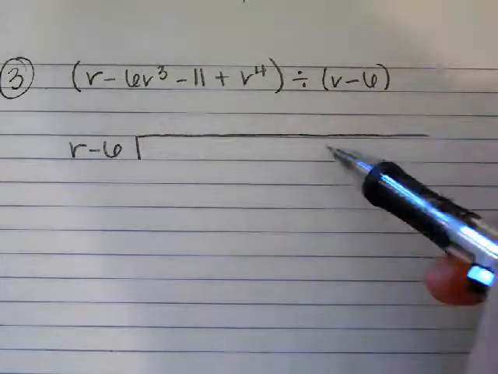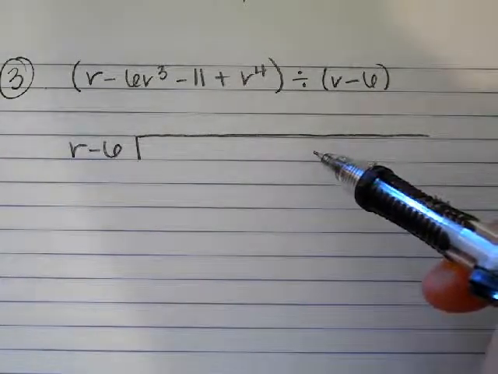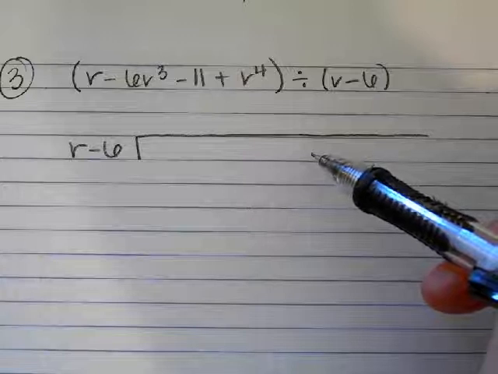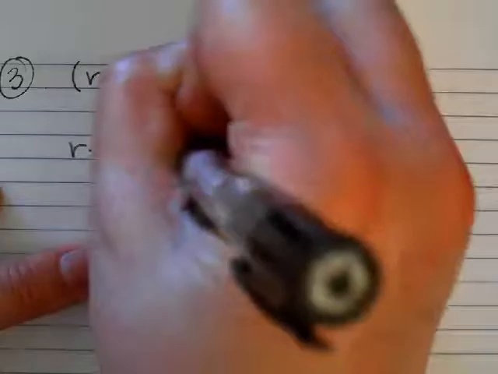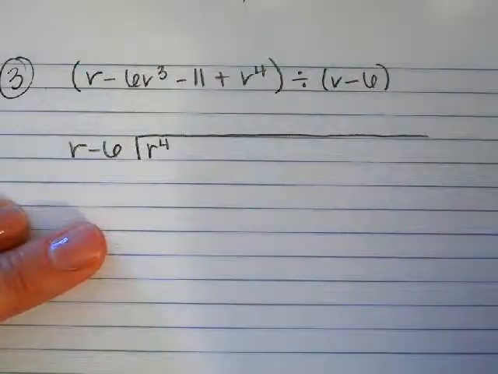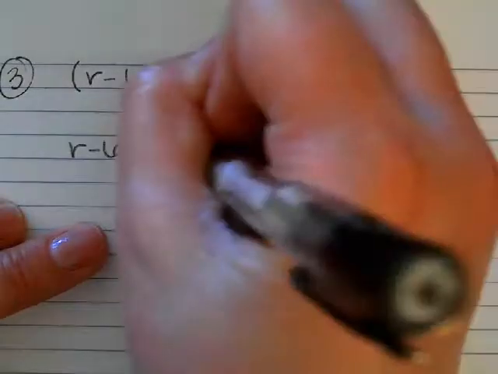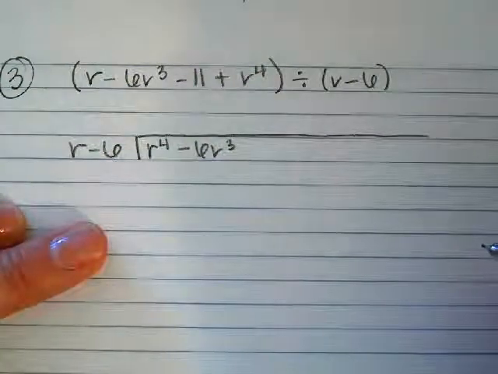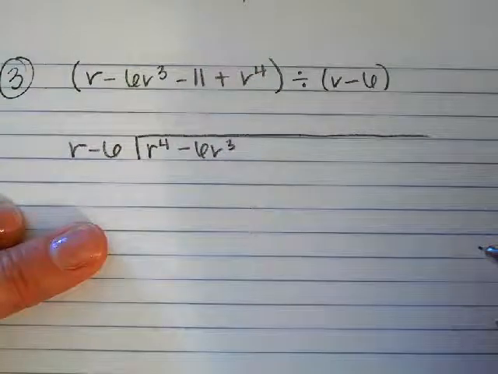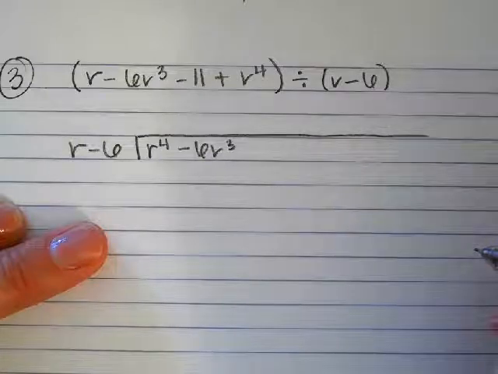And then what should I put underneath? Okay, so what gets written first? When you do plus 0r.